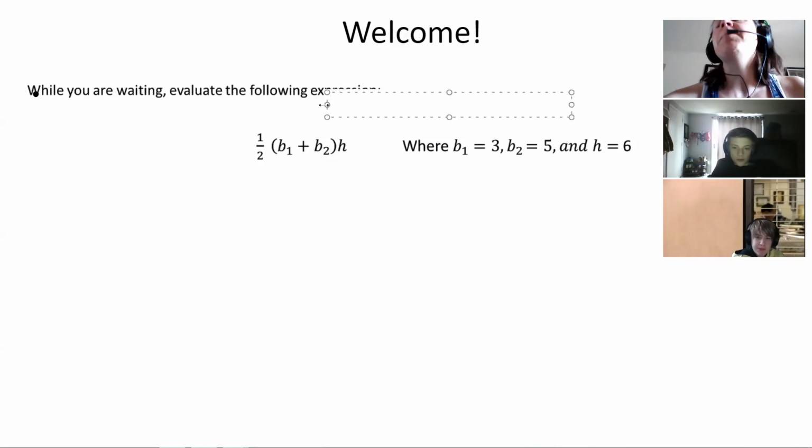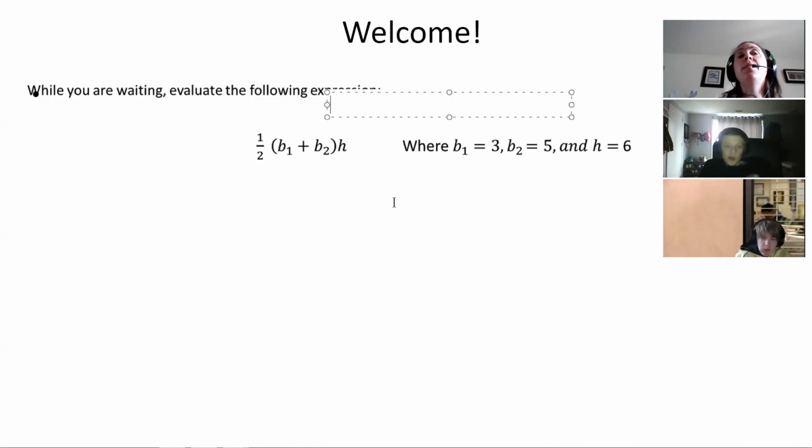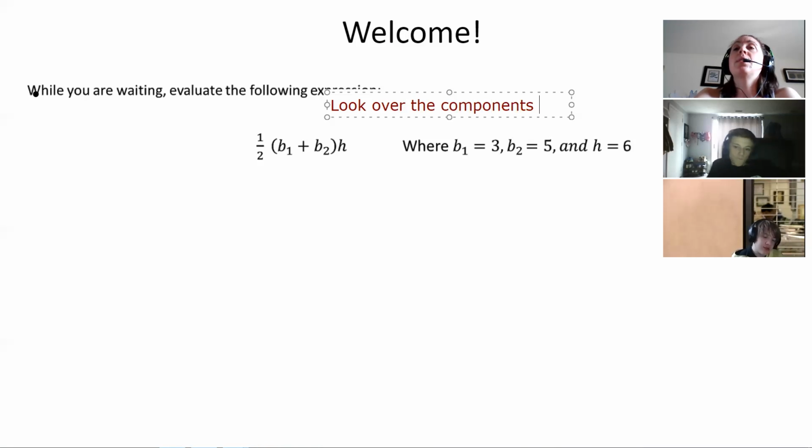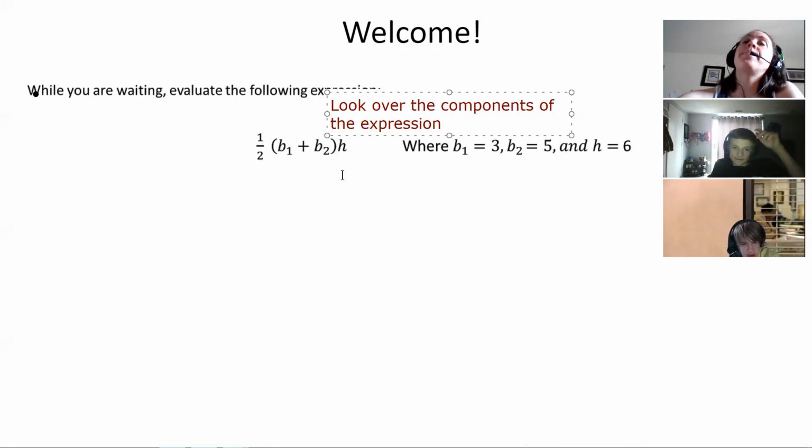If you're wondering why I'm typing and using my terrible writing there, look over the components. It'll be like figure out what the lineup is. Order of operations?